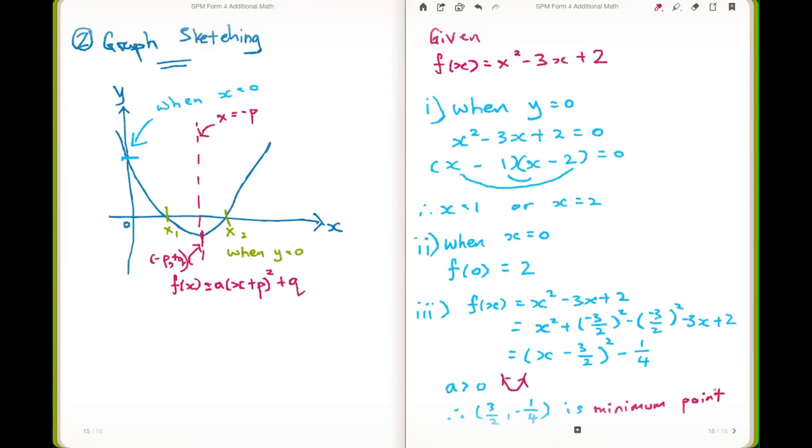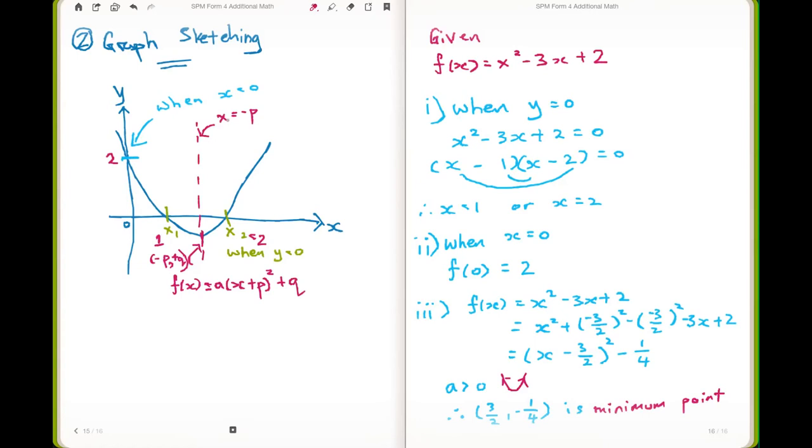With all these 3 pieces of information, you will be able to sketch a graph. And you put it into graph form: the y-intercept will turn out to be 2, x1 would be 1, the smaller value, and x2 would be 2.